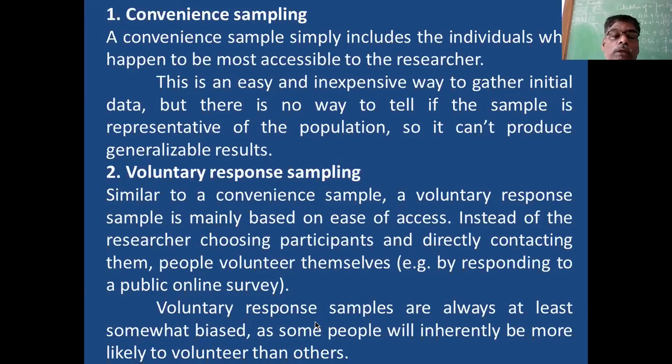Voluntary response samples are always at least somewhat biased, because the information given voluntarily may be right information, but in some cases, to safeguard their interest, some students may give false information also.